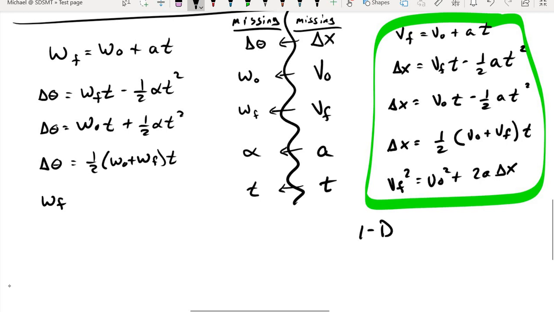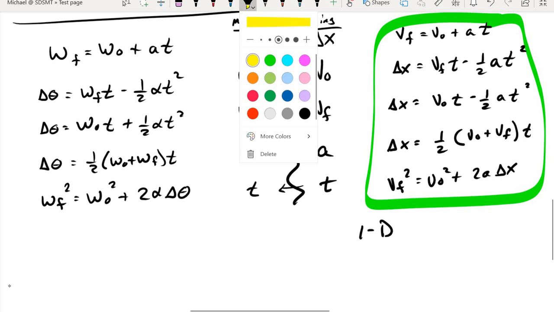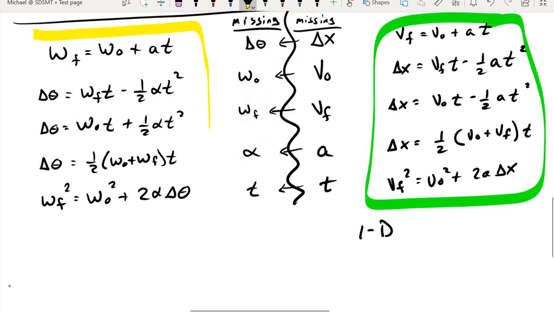And then the last equation is omega final squared equals omega initial squared plus 2 alpha delta theta. And there we have our kinematic equations for angular motion. So anything that I have that's moving in a circle, we can represent the motion of that angular displacement using these kinematic equations.